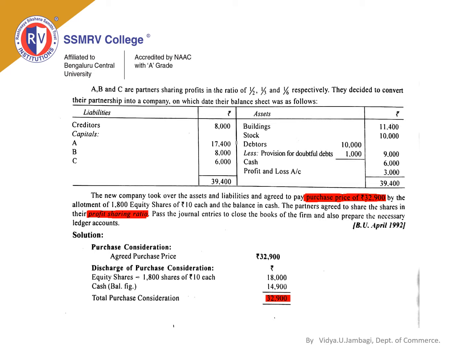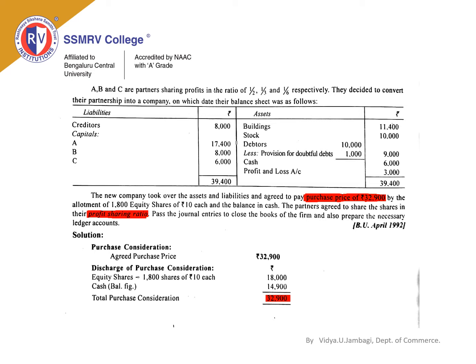They have given us the profit sharing proportion. We have P&L account on the asset side, so that means it is accumulated losses that need to be distributed among the partners in their profit sharing proportion. The company is paying them purchase consideration, and the purchase consideration is directly given to us in the problem.